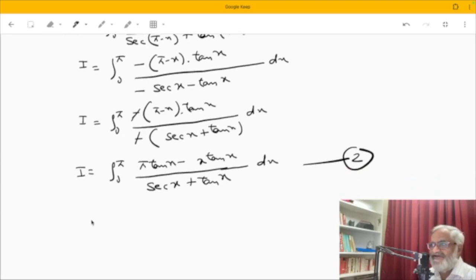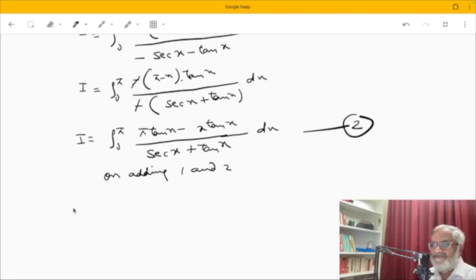So on adding 1 and 2, 2I equals integral 0 to pi, the denominator is the same, sec x plus tan x, so write down the numerator as it is.